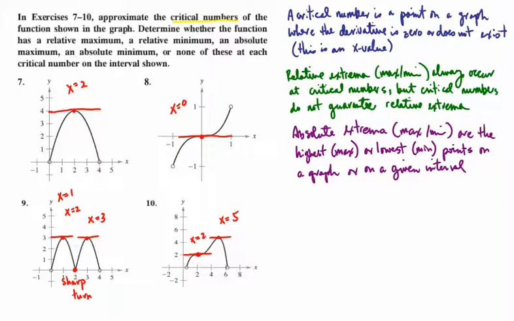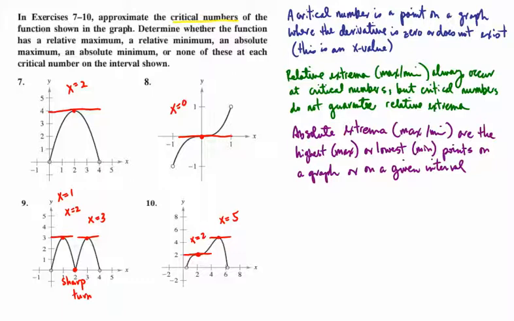So an absolute maximum is the highest point on a particular graph or on a particular interval of a graph. And an absolute minimum is the lowest of all points on a graph or on a given interval.